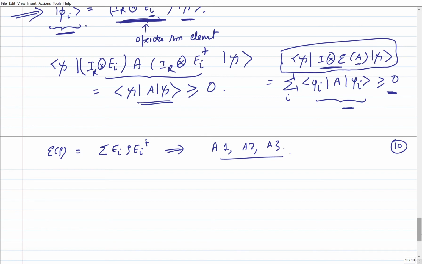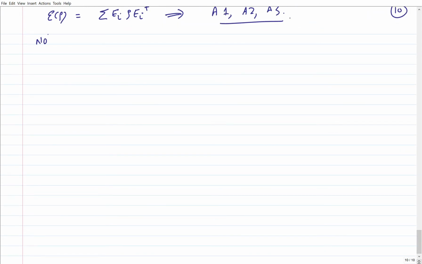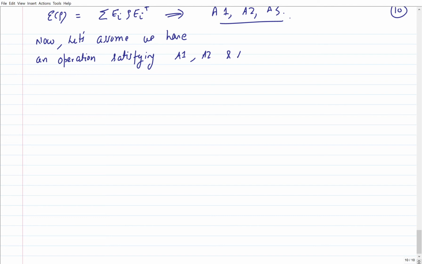Now let's assume we have an operation satisfying A1, A2 and A3, and we ask the following question: under what conditions can one find an operator sum representation?